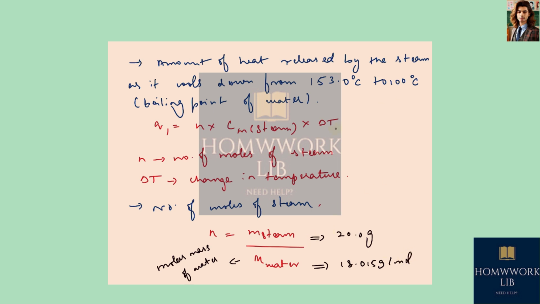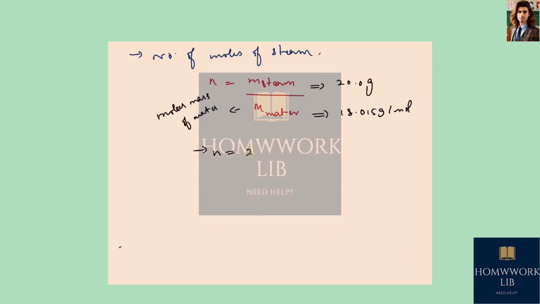So now plugging the values, we have n equals 20 gram divided by 18.015 gram per mole. So n equals 1.110 moles.